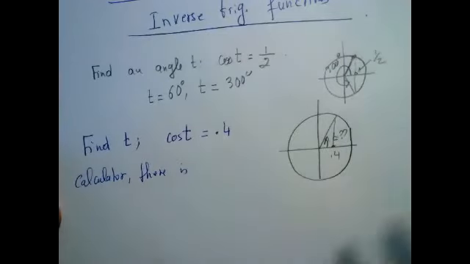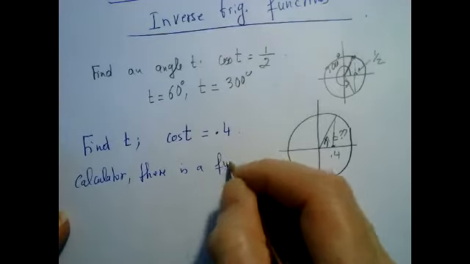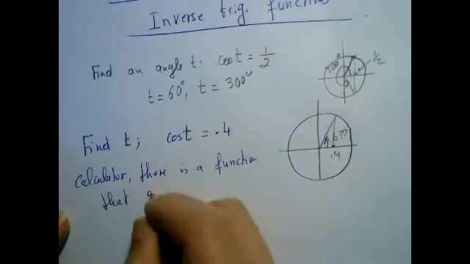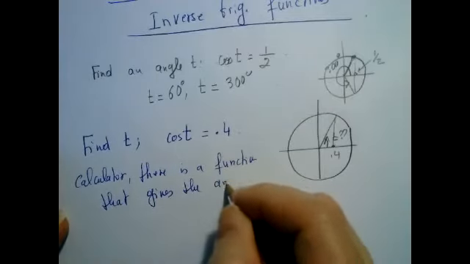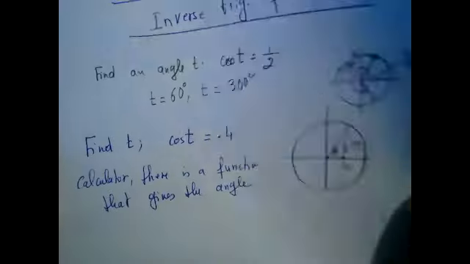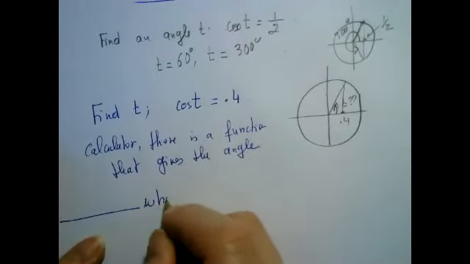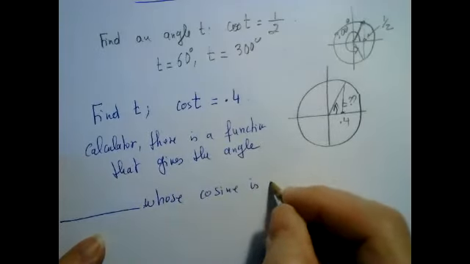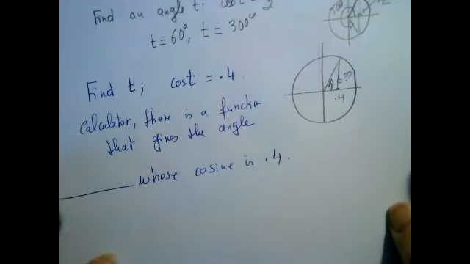There is a button or a function that gives the angle whose cosine is 0.4. But what is this function called?